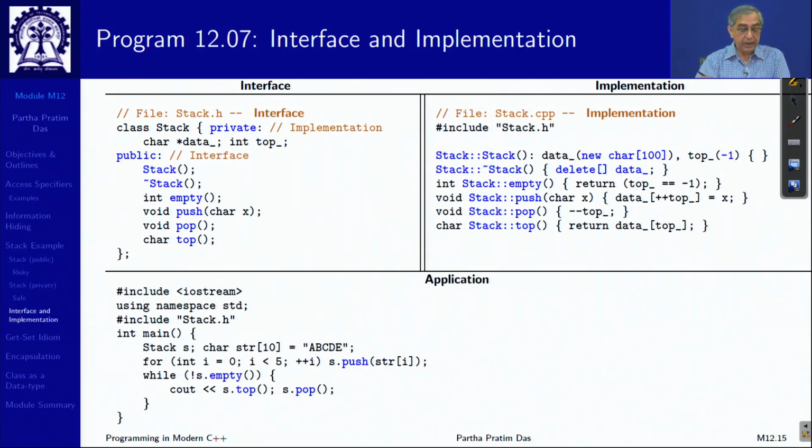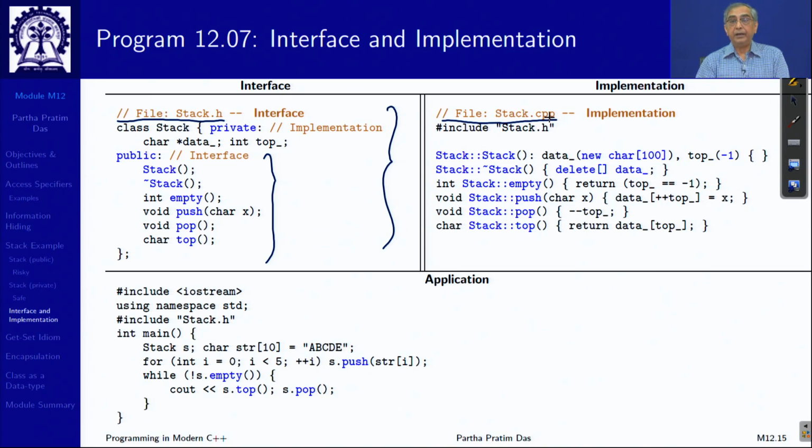So, to formally specify, this is my interface. I am showing another style, where in the class, which I will put in a header file, I put the data members as private, and for the member functions I have just put the prototype, just a signature, not the actual implementation body as I was doing.